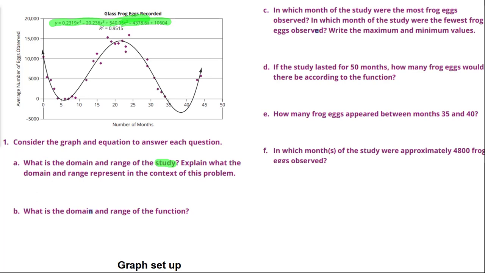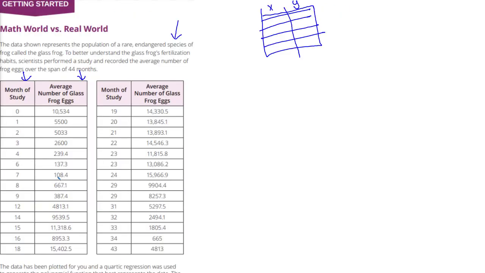So when we looked at our data, what was our smallest x, which remember for domain, it's our x's, and the x's are representing the months. So what was the smallest month that we had in our data?